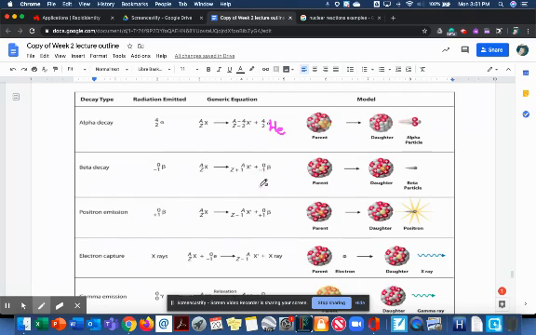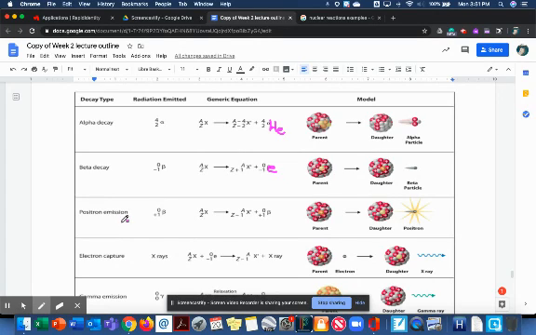If we have a beta decay, well, we have an isotope, and it's producing a beta particle plus another daughter isotope. And so the result of that beta decay is the mass number is not going to change, but we will see a change in the atomic number. We will see the new isotope have an atomic number 1 greater than the isotope that we started with.